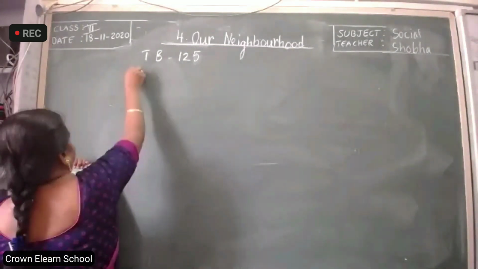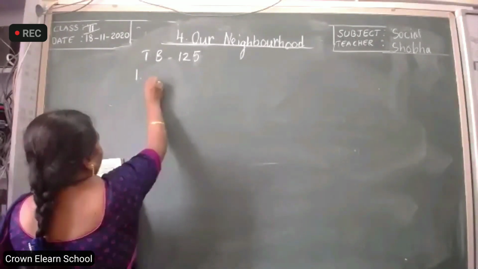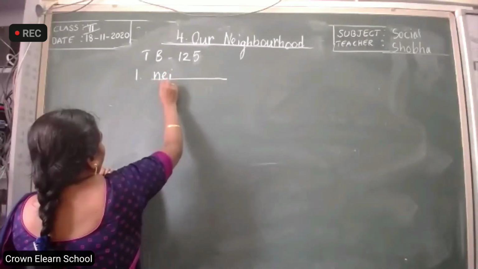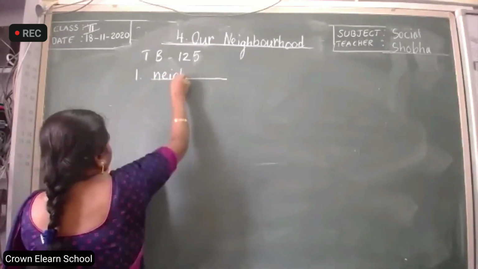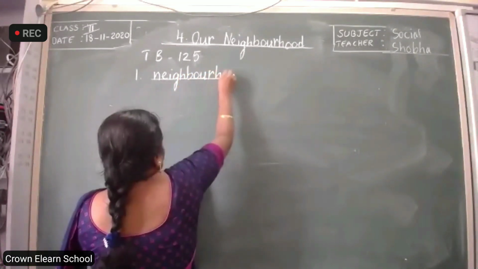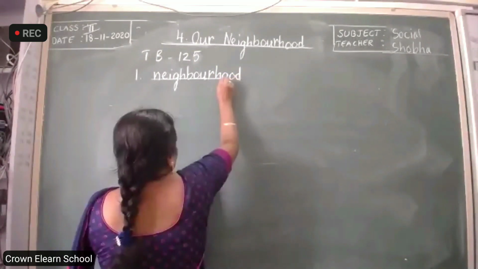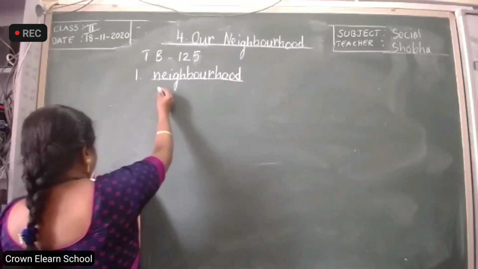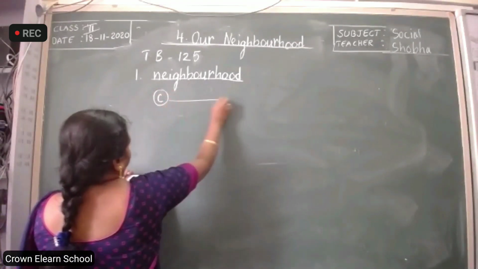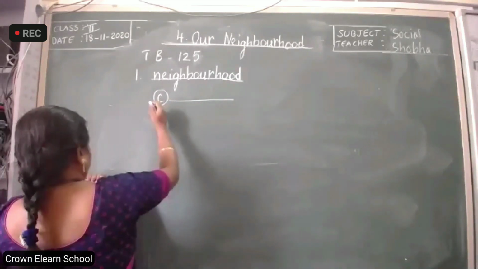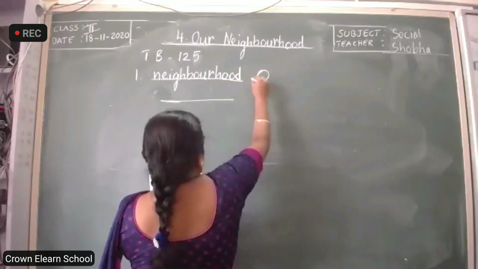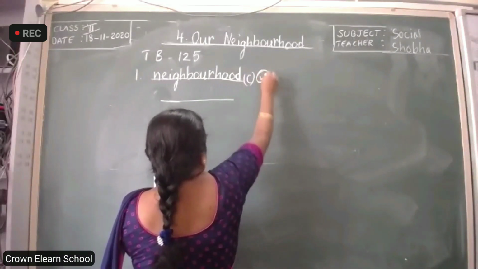So first one, in the blank you write neighborhood. What is the spelling of neighborhood? N-E-I-G-H-B-O-U-R-H-O-O-D. Neighborhood. So what is the option? C. Okay. So you have to underline, and tick it. Okay. C option. Tick it.